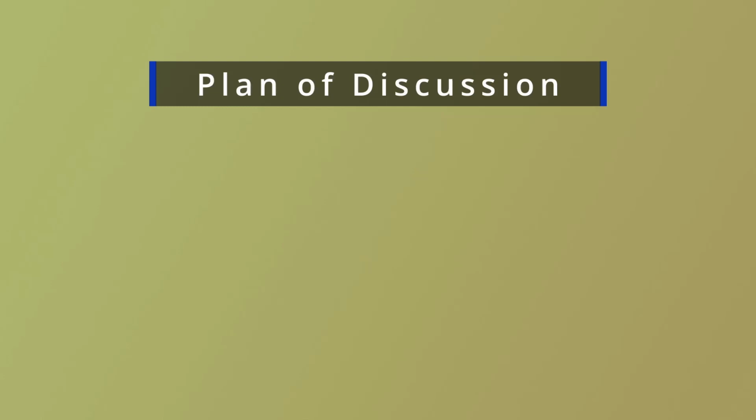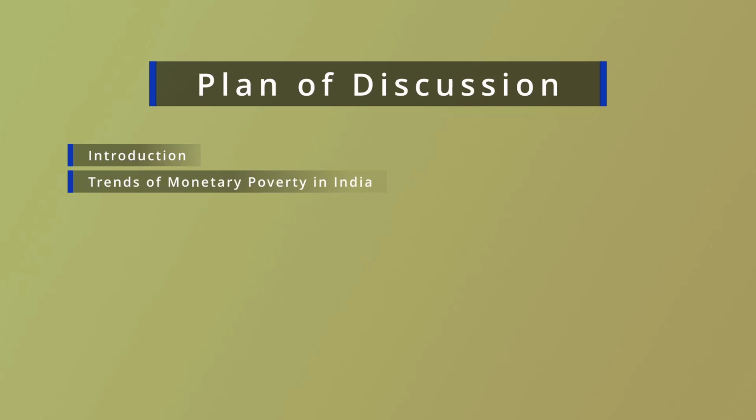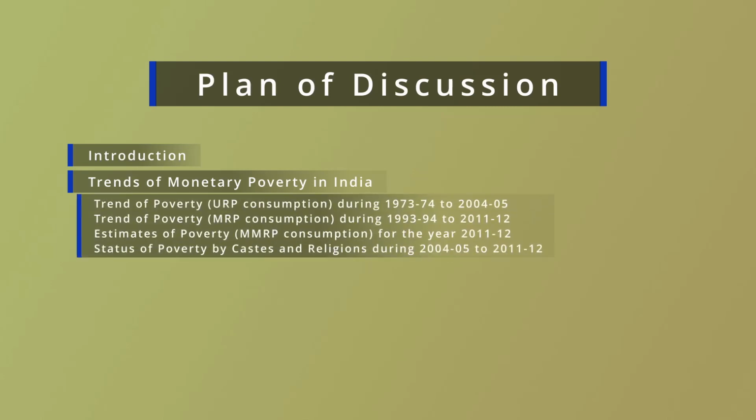The module consists of six broad sections. Section 1 introduces the important measurements of poverty in our country. Section 2 analyzes the trend of monetary poverty in our country using different methodology, that is, by using the MRP consumption, by using URP consumption as well as by using MMRP consumption.